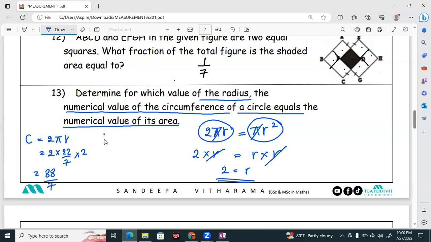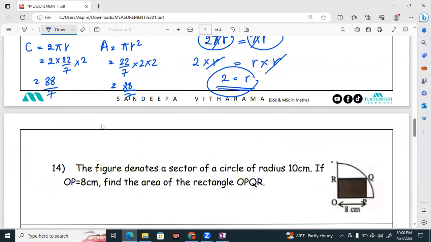If you consider the area, πr², then 22 upon 7, 2 into 2, gives 88 upon 7. That means if the radius is equal to 2, then the numerical value of circumference and area of a circle become equal. Okay.